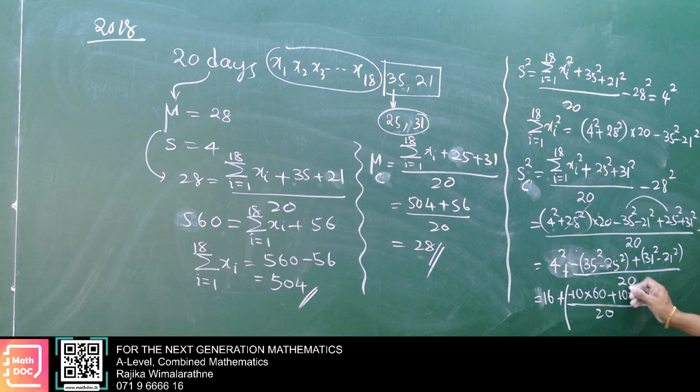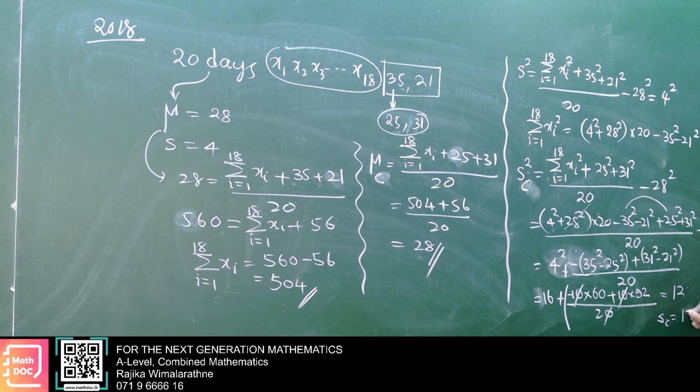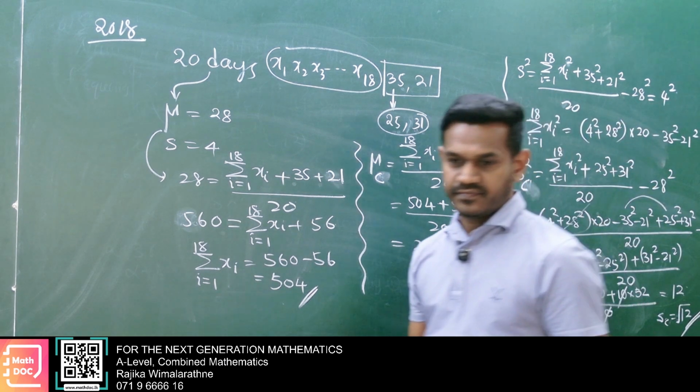Now simplify. Therefore the standard deviation is square root 12.